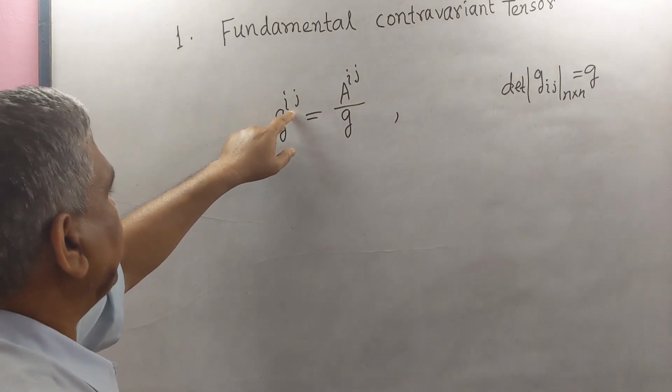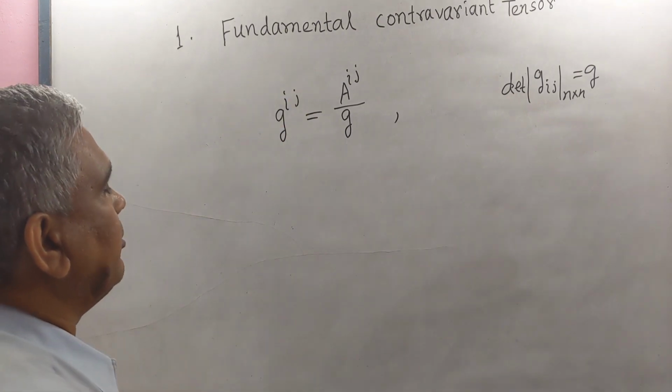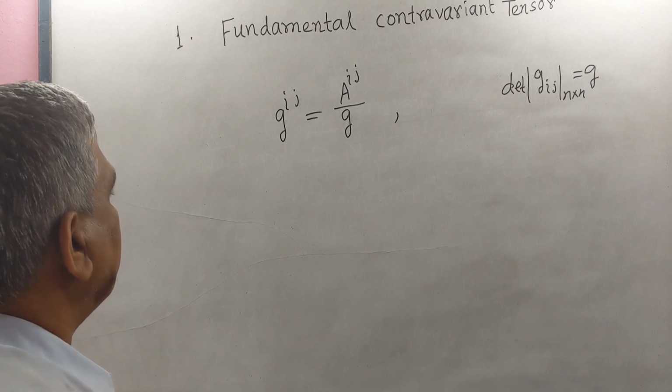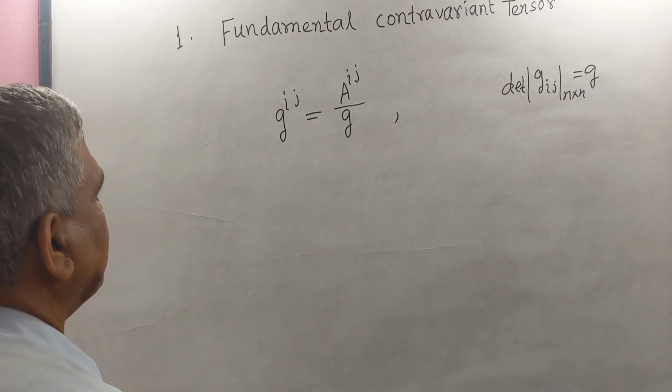This contravariant g^ij is called the fundamental contravariant tensor. Now we shall see its properties.